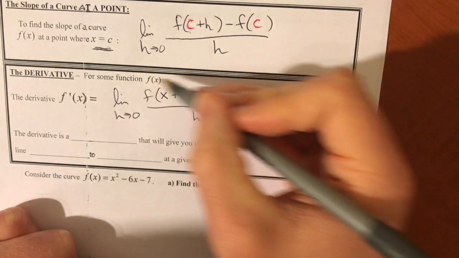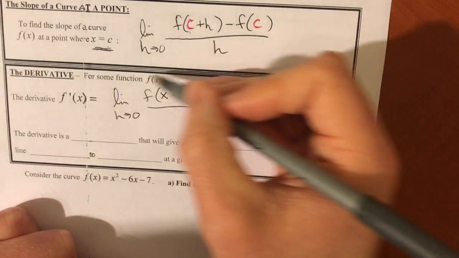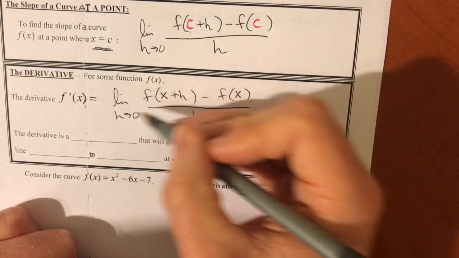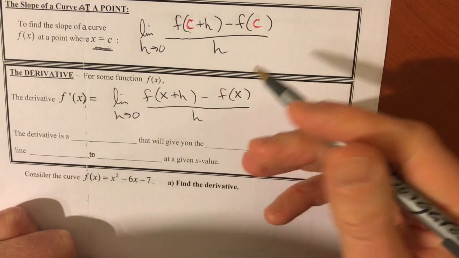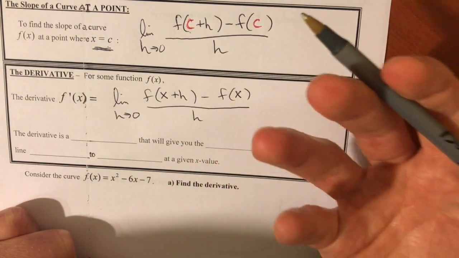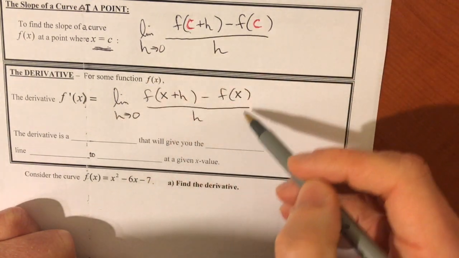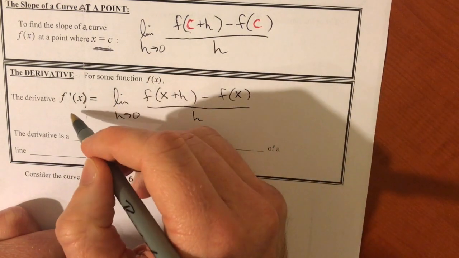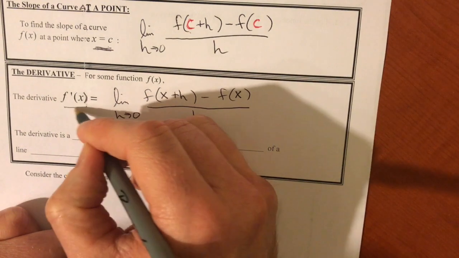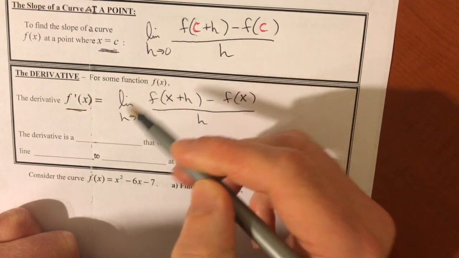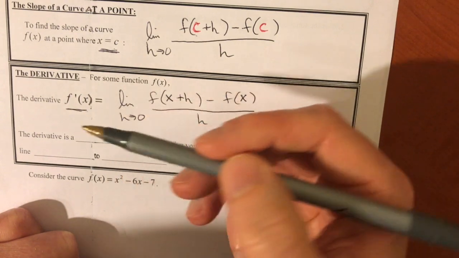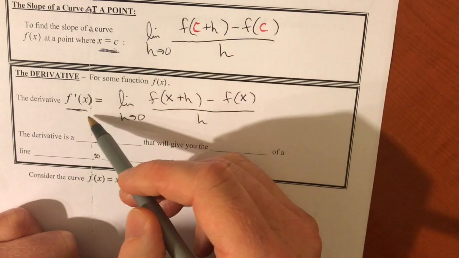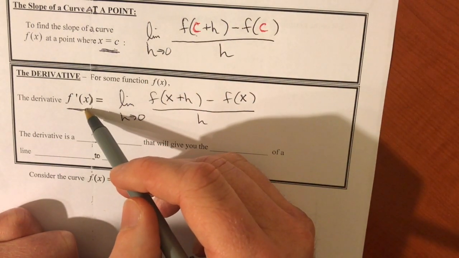And if you remember doing these earlier in this chapter, and in previous chapters, what you get out will have x in it. Your answer is an expression that contains x. And that expression you get out is what's called the derivative. It's a function, and it's a different function, but it's derived from f of x. So it's called the derivative of f of x.